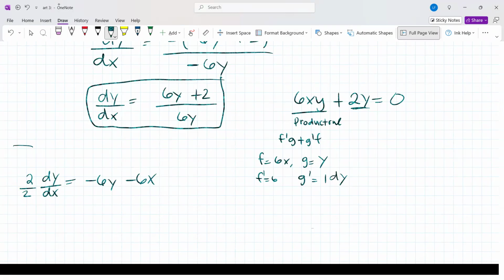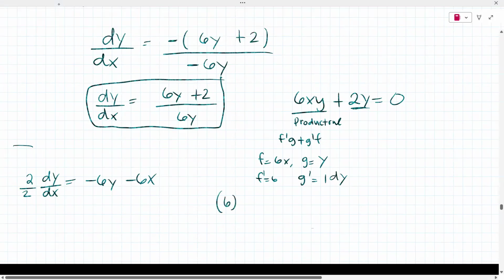Okay, wait, so f is 6x, f prime is 6, g is y, g prime is 1 dy, so product rule is f prime, so f prime is 6, g is y, plus g prime is 1 dy, and then f is 6x.